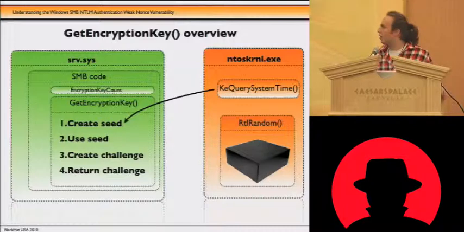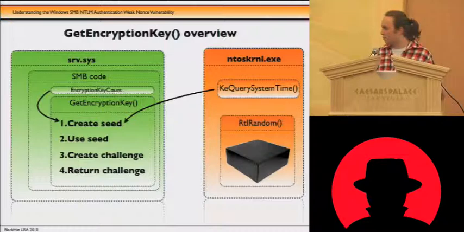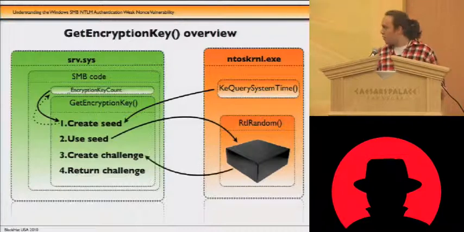The first thing it will do is retrieve the current system time using KeQuerySystemTime and create a seed with a part of that time and also a counter, which is called EncryptionKeyCount. Then, once the seed is created, it will call the RtlRandom function, which is a PRNG, and with that it will create a challenge and return the challenge to its caller.